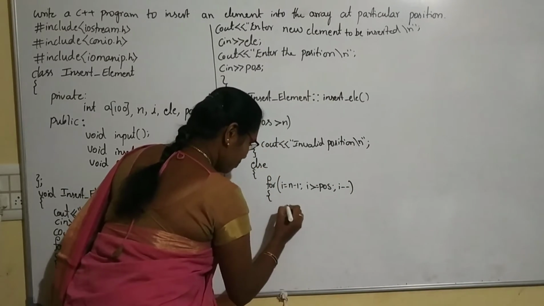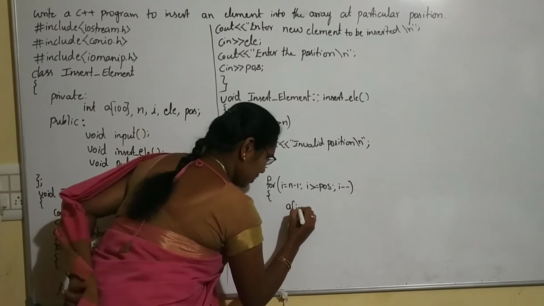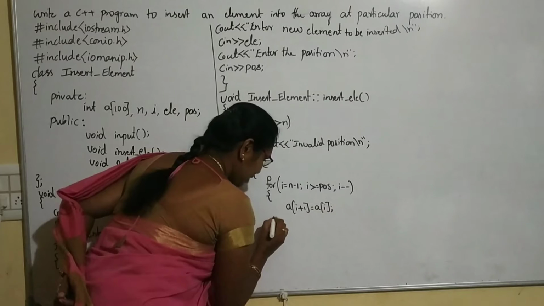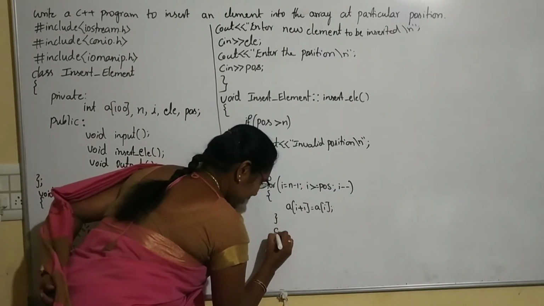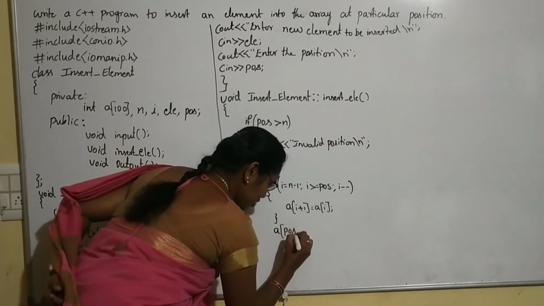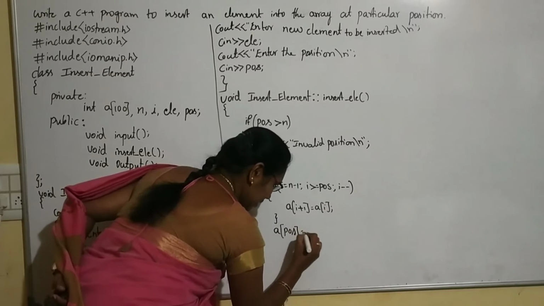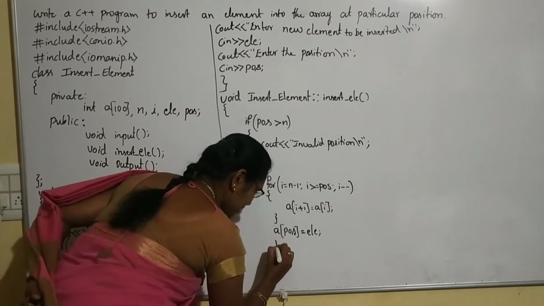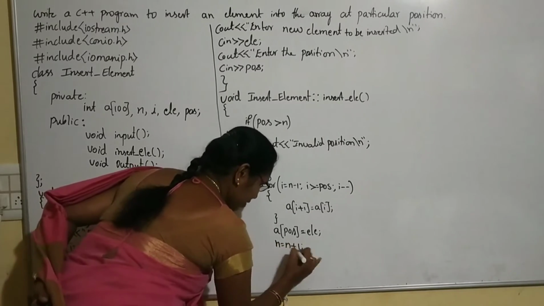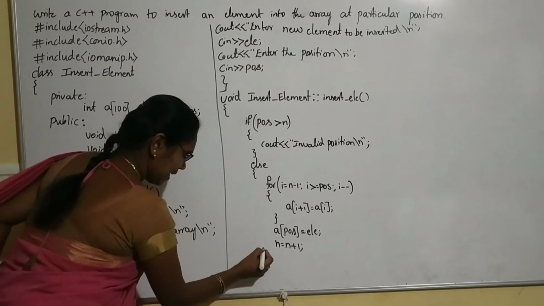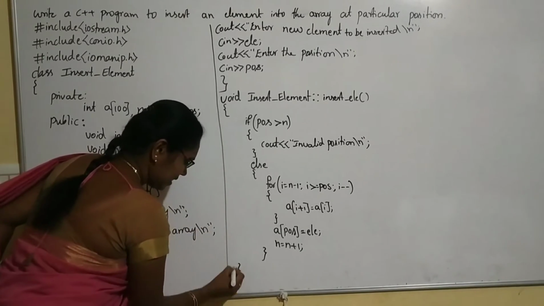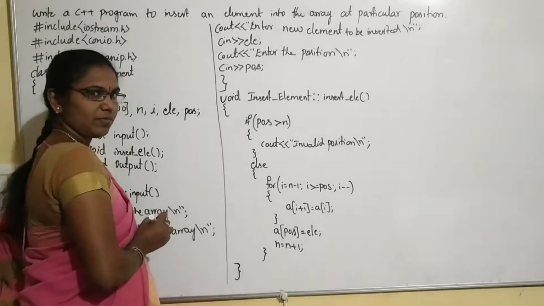In the for loop, we write the statement A of I plus 1 equals A of I. Next, we close the for loop and write the statement A of position equals ele. Next, we increase the n value by 1. We close the else and we close the insert ele function.